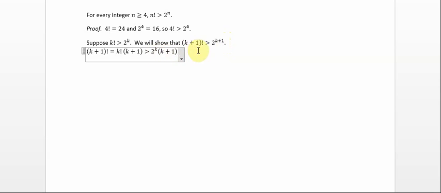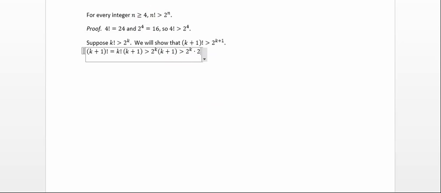Well, so 2 to the k plus 1 is k plus 1 2's. This is k 2's being multiplied. If this were a 2, I'd be set, right? If it was 2 to the k times 2, I'd be set. Now k plus 1 is not 2. However, k plus 1 is certainly bigger than 2, right? K is 4 or higher. So it's bigger than 2 to the k times 2.